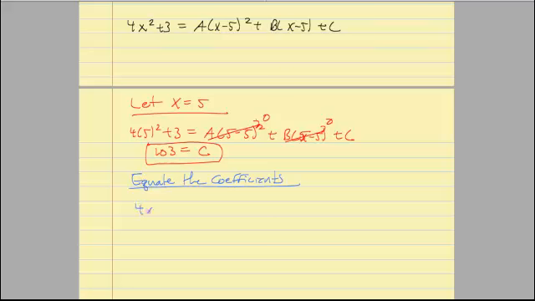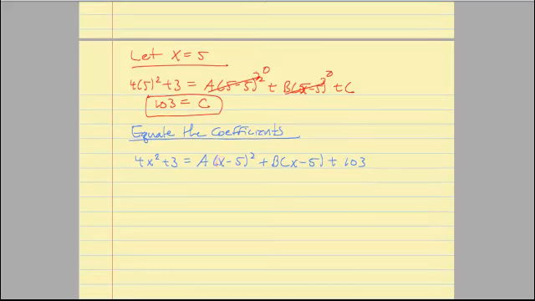So we'll have 4x² + 3, write out everything as before, but in place of c we'll put 103. Now what we're going to do is expand this, so we'll take (x − 5)² and FOIL that out, distribute the a, distribute the b, and then go ahead and group things in terms of linear or quadratic or constant terms.